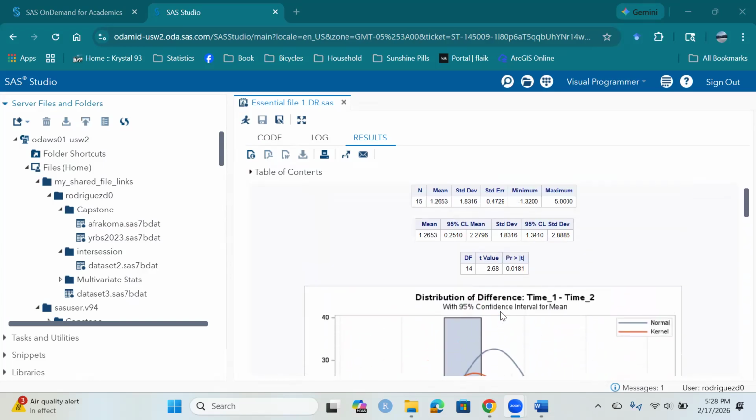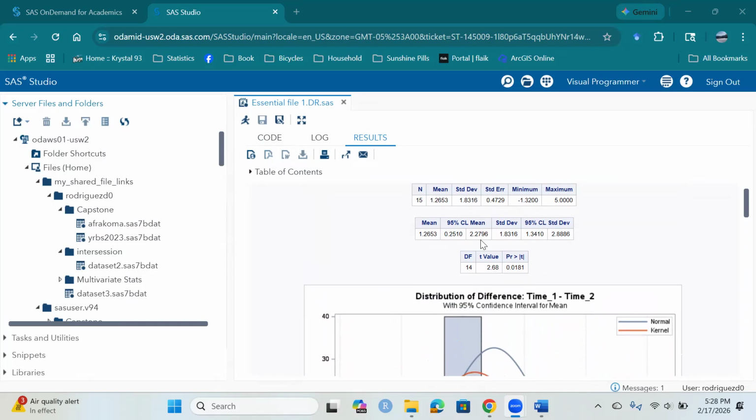But what we really are truly interested in is our t-test value. And we see here that, first of all, the mean difference is 1.2653. We had n equals 15 participants. This is our 95% confidence limit. So our null hypothesis is that the mean difference is 0, right? Because either there's no difference or there's some difference.